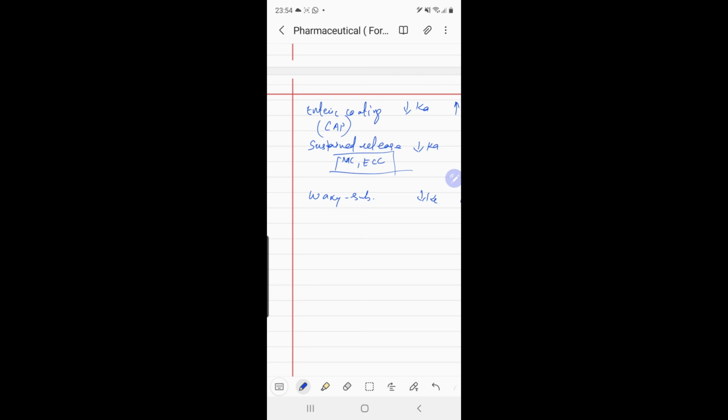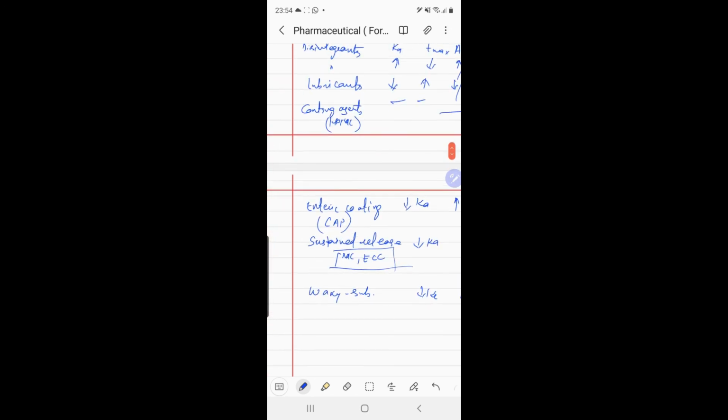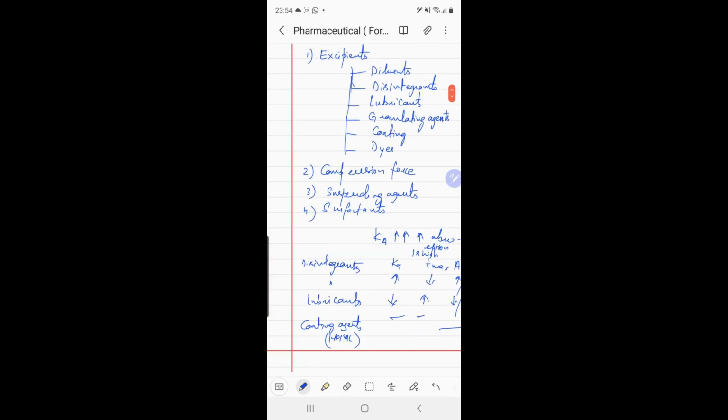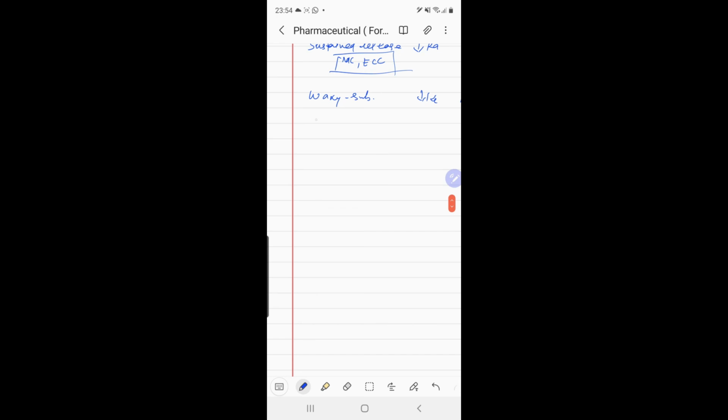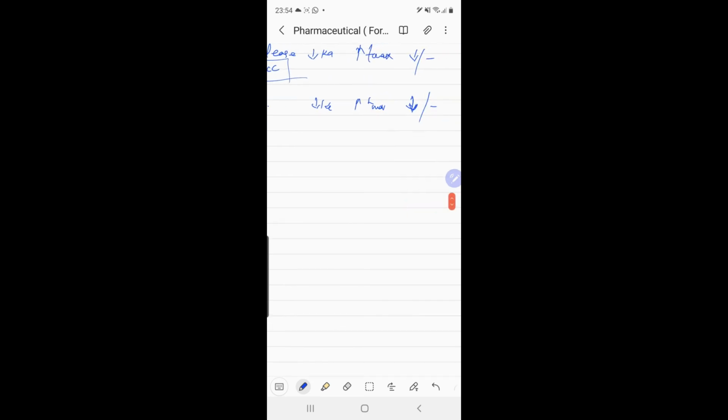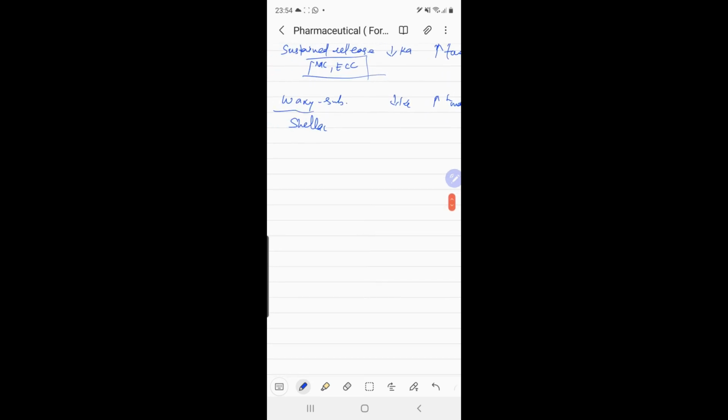There may be one more property arising from these, in the miscellaneous category: aging of some agents with time. Like shellac, which may show aging properties. With time it shows cross linking.